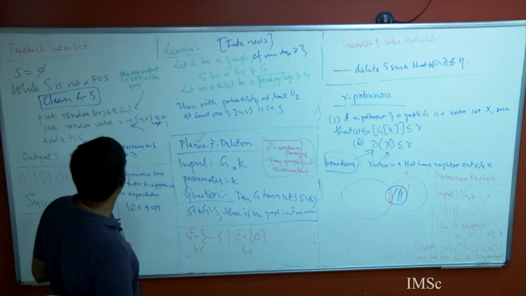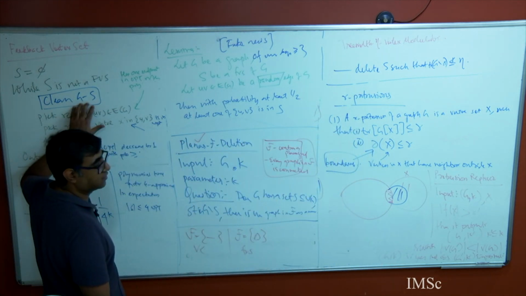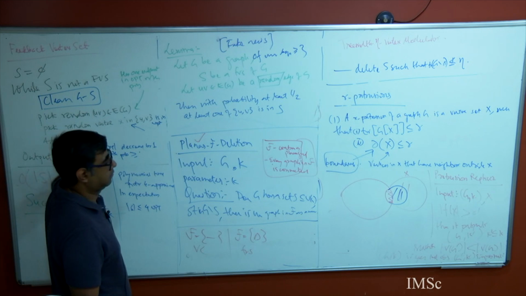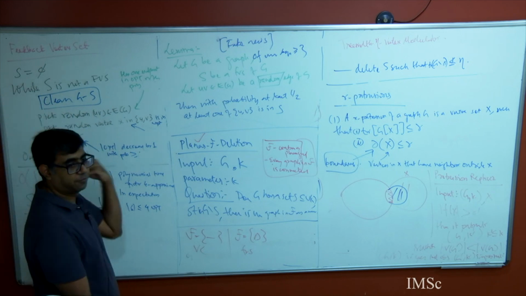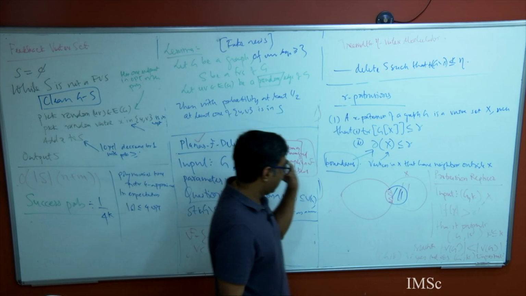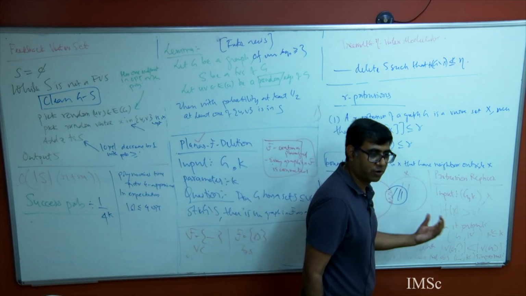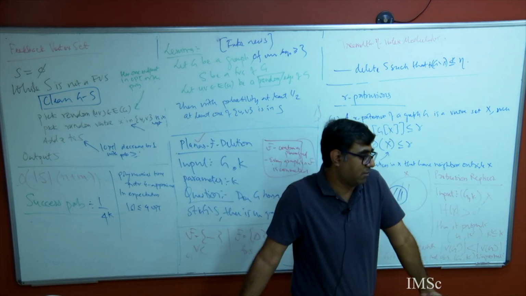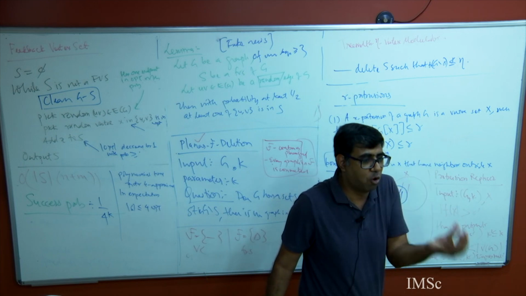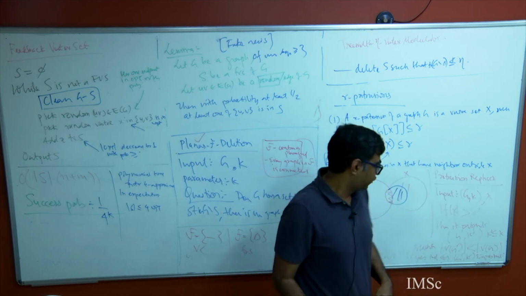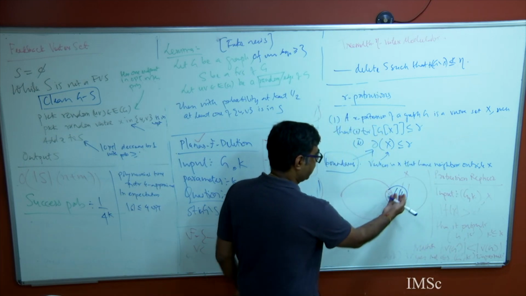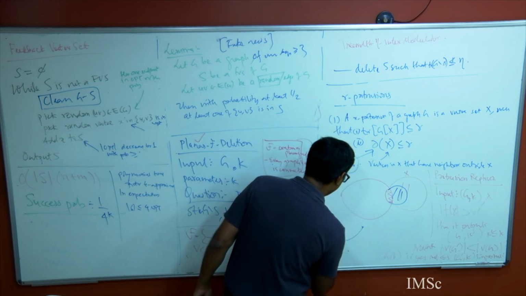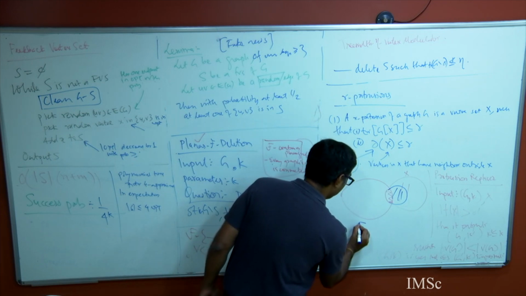So now I'm going to tell you that clean G minus S means make G minus S free of R protrusions of size R prime. You could have a protrusion, but it has a small constant size. For feedback vertex set, what is this? It's a long path.